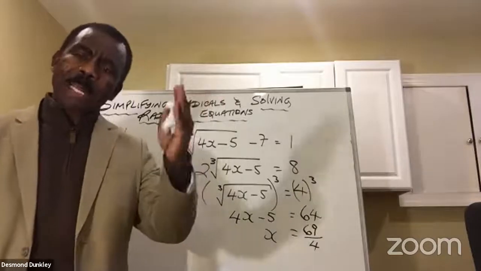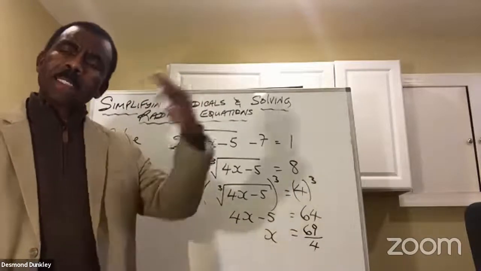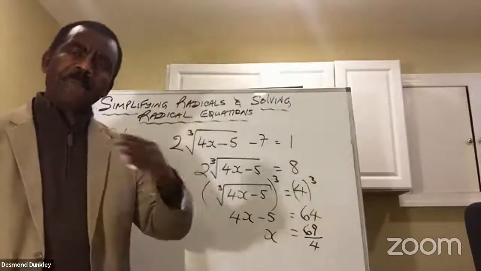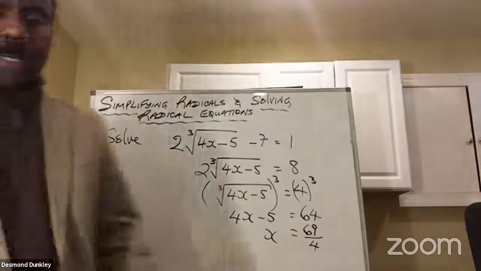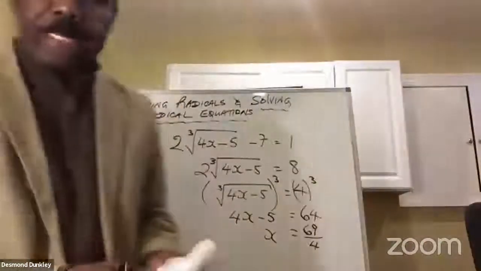See, step by step, sequentially processing, systematically tackling it, one step after another, after another, after another. Okay, let me get a piece of paper. I'll do one more example.